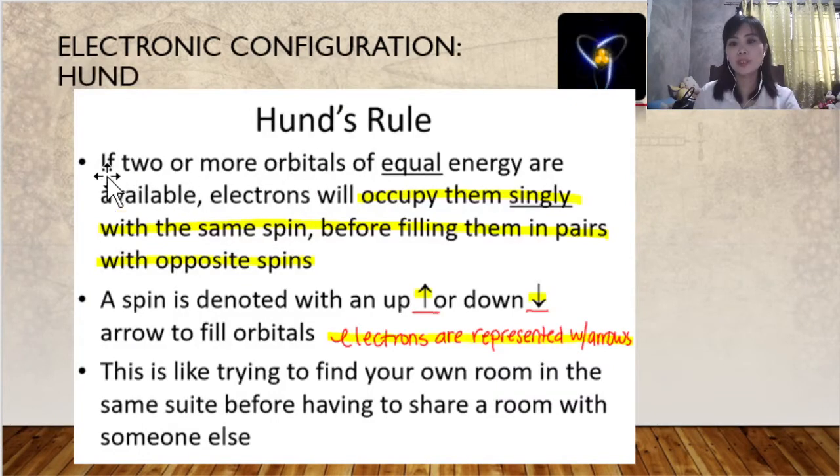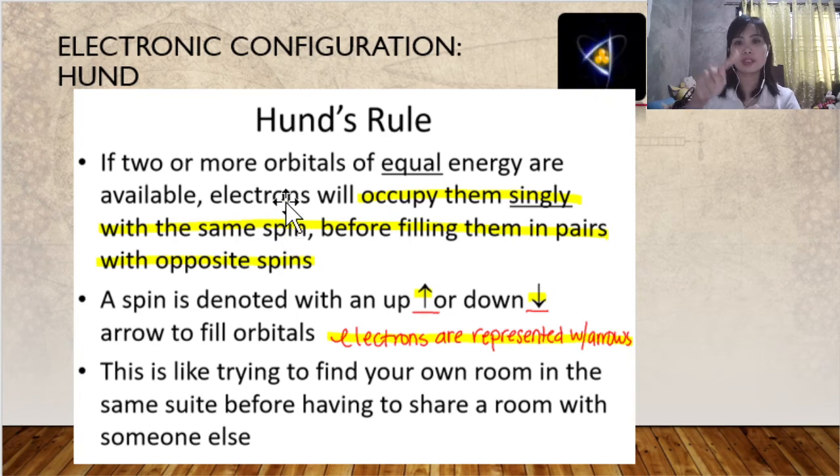For Hund's rule, if 2 or more orbitals of equal energy are available, for example, in SPDF, our P, how many orbitals does P have? Three. Orbital means the box, right? Three boxes. So if there are 2 or more orbitals of the same or equal energy, electrons will occupy them singly with the same spin.